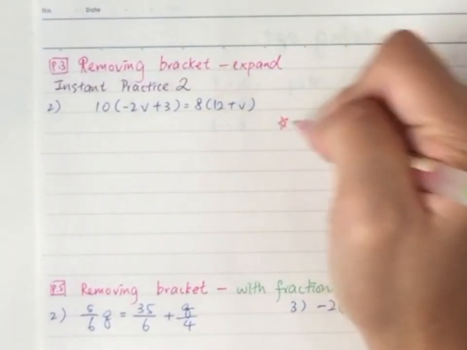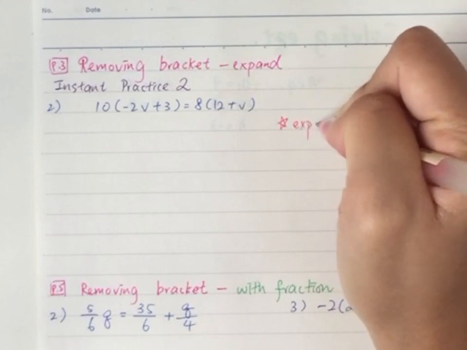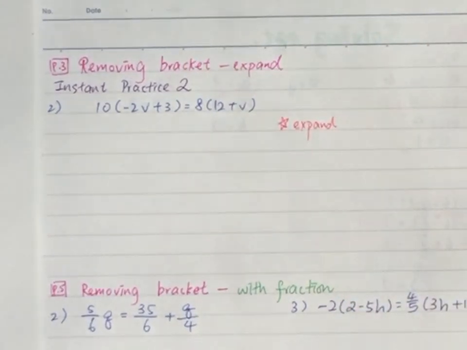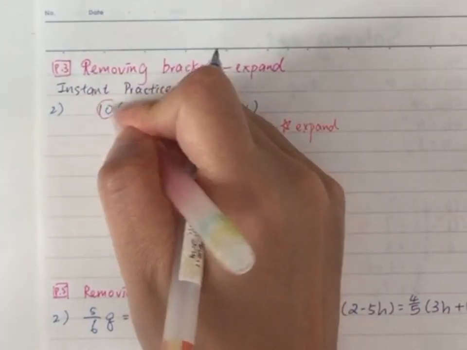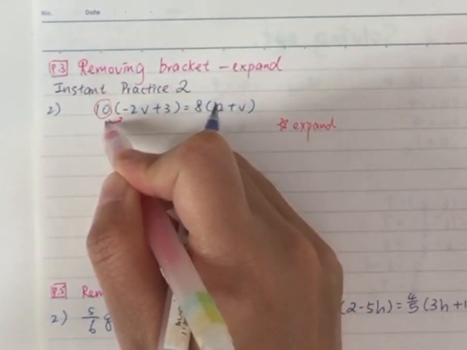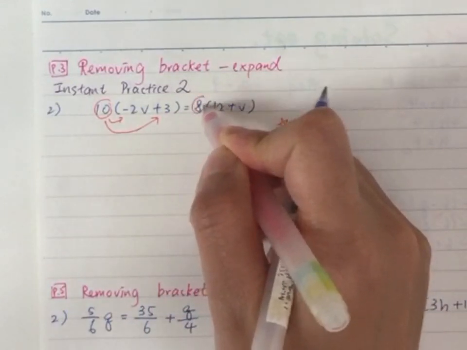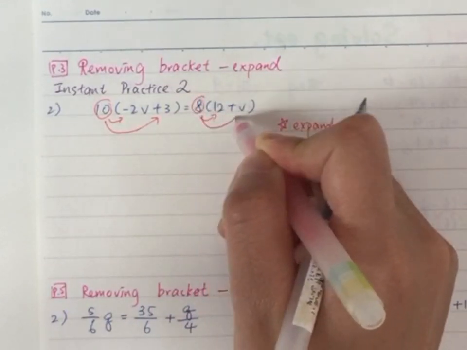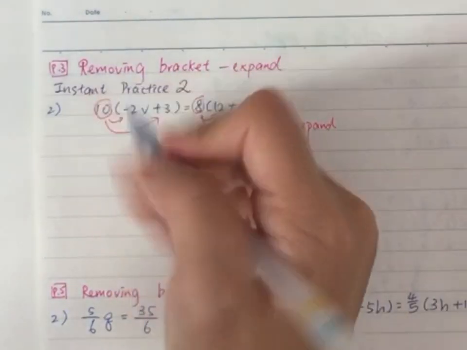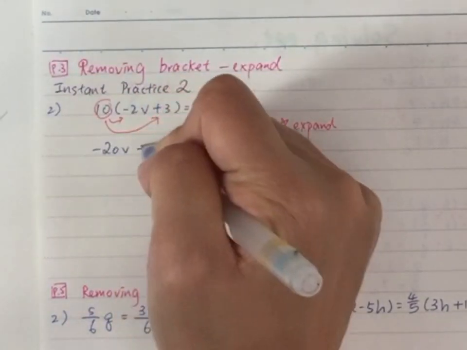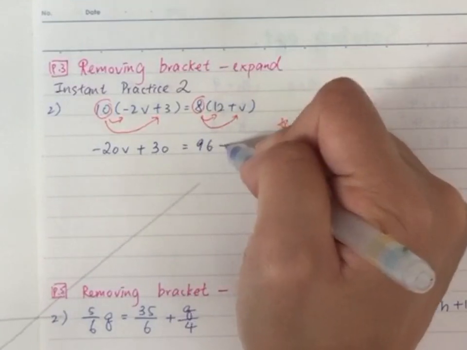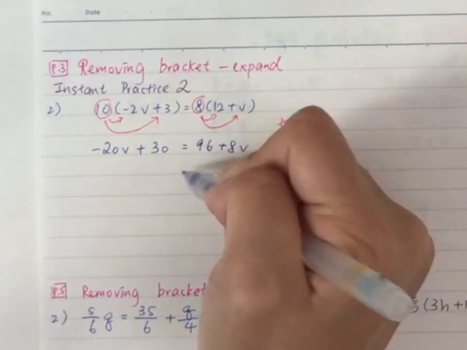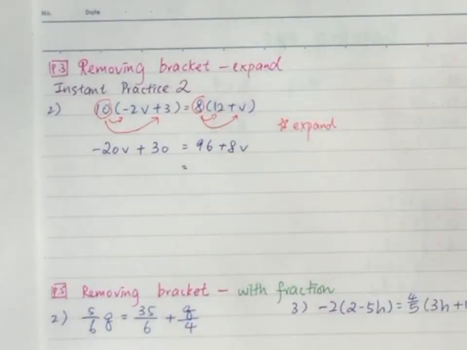Okay, so let's go to page 2 to see how it works for expansion. Now remember, we want to do the like terms, but before that, we have to handle the brackets first. So expand it, getting negative 2x plus 30, and on the right, you get 96 plus 8v.